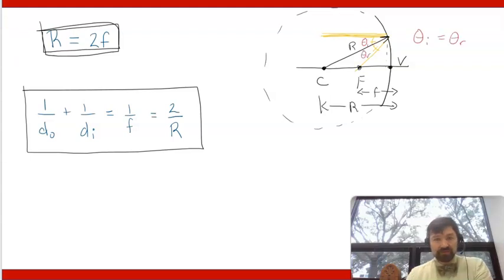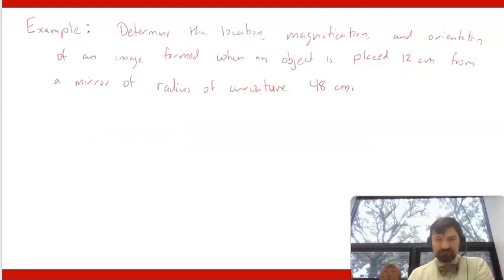As our quick example, let's say you've got a mirror. You have your radius of curvature somewhere over here, and your focal length somewhere over here. So the center is here, the focal point is here, and the object is placed right here.